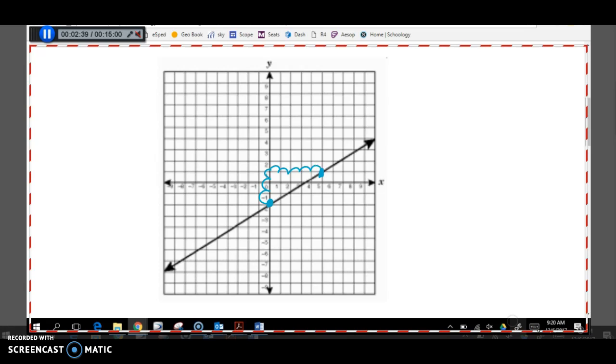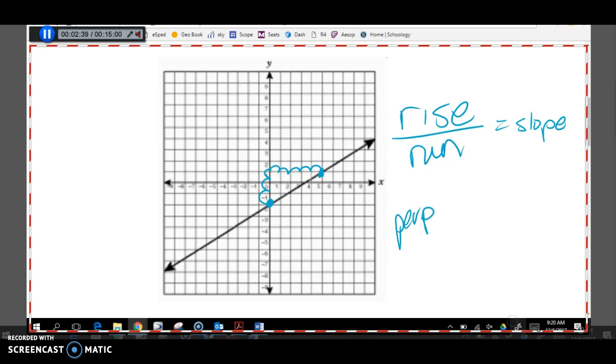Okay, so once you've counted your rise and your run, you have your rise over your run, right? Okay, with your rise over your run, that's your slope. Well, you need to find the perpendicular slope. Well, perpendicular slopes, we said flip and switch.